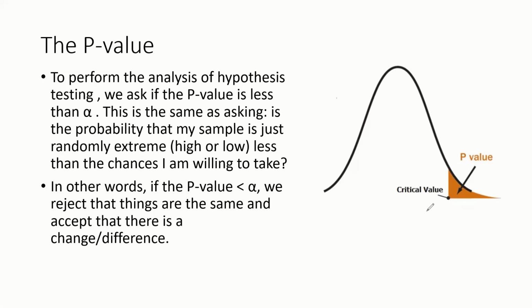And we want our sample p-value to fall in that critical region. So we want that p-value to be less than that area alpha. So if the p-value is less than alpha, we reject that things are the same and accept that there's a change or a difference.